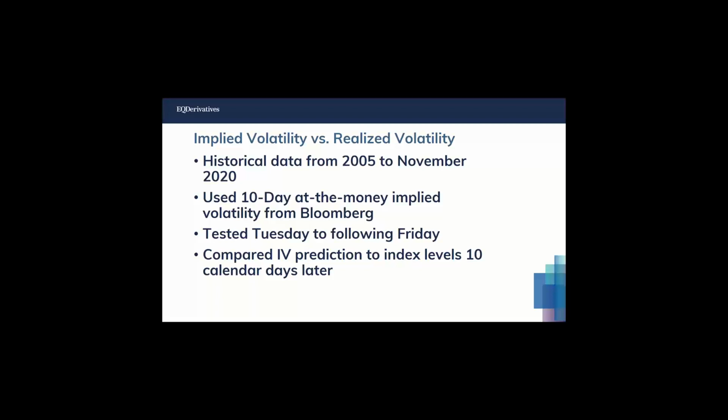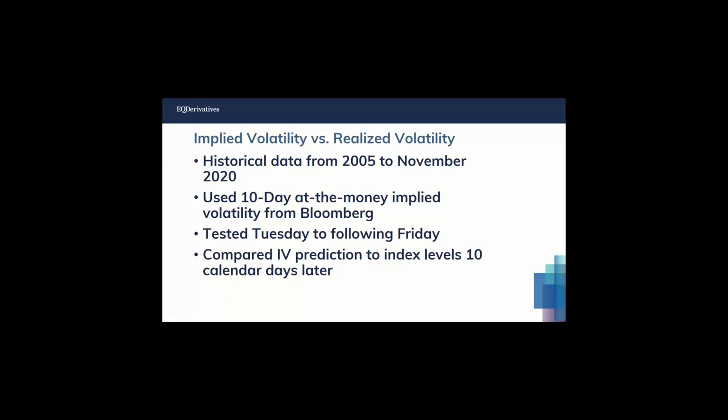So I took that 10-day implied volatility measure from Bloomberg, used a calculation to figure out what the predicted range was a week from Friday, which would be 10 calendar days in the future, and looked at how often each of the indexes would fall outside of that range and how often they fell inside of that range. And I found something I think is kind of cool with respect to that.